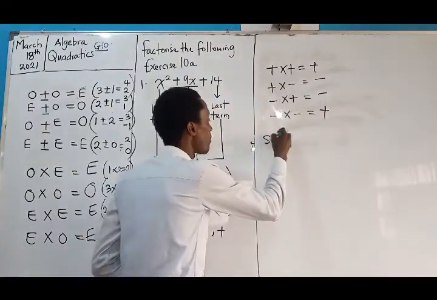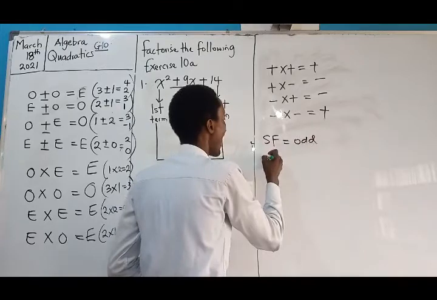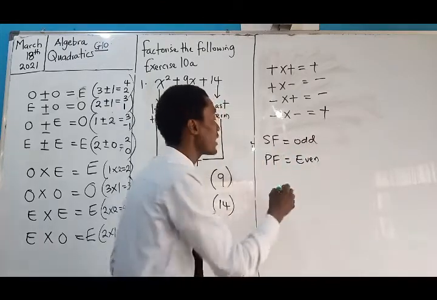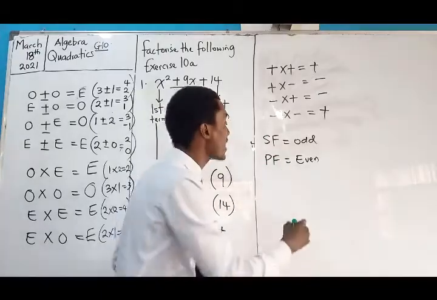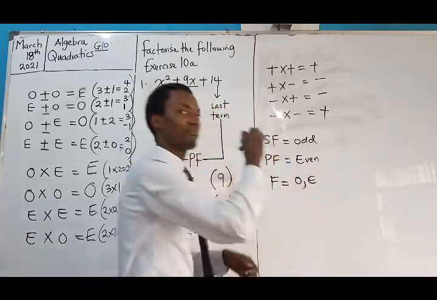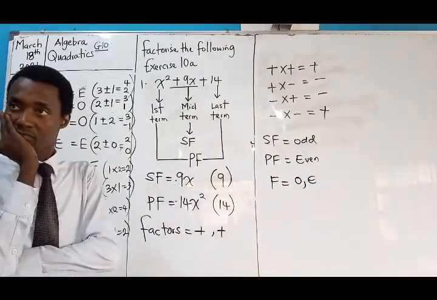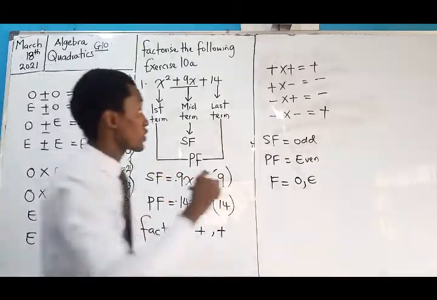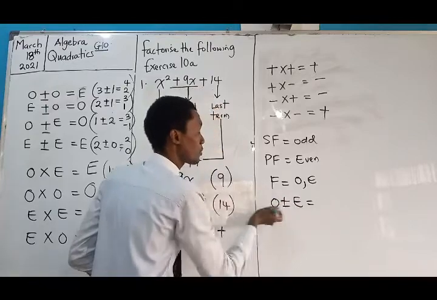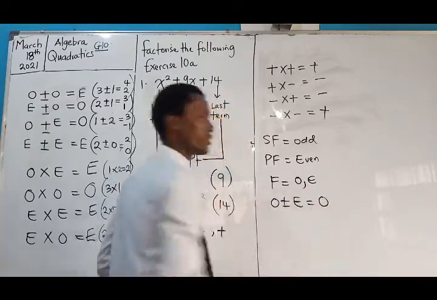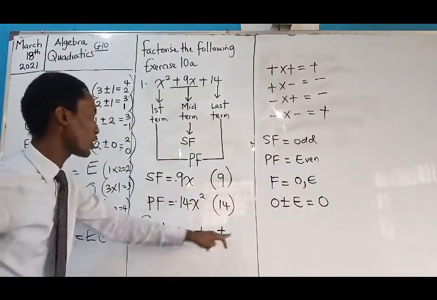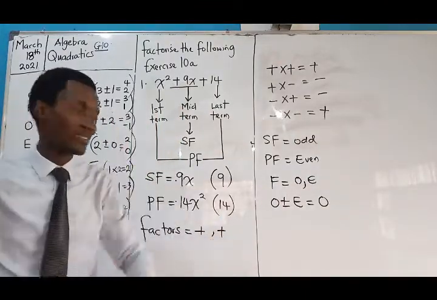If I have my sum as odd and my product of factors as even, it means that of the numbers I need to multiply to get my answer, one must be odd and the other must be even. Because when we were treating addition and subtraction of odd and even numbers, it was only under this possibility that we had the answer as odd. So the one factor will be odd and the other will be even.